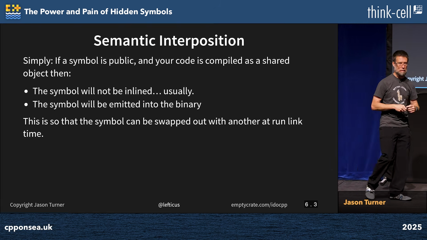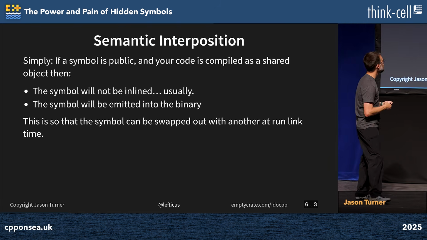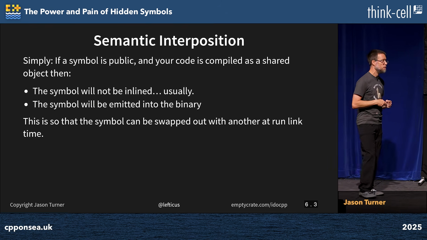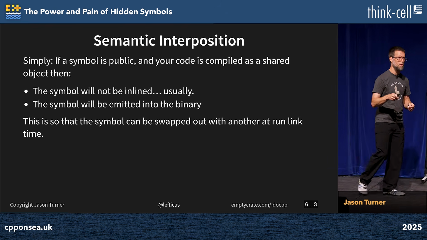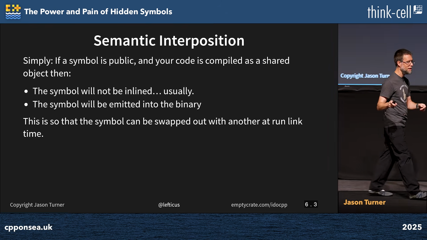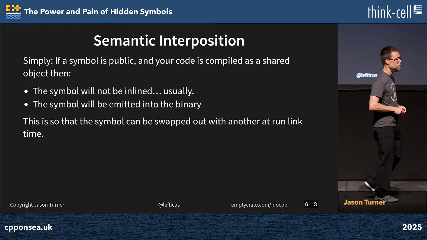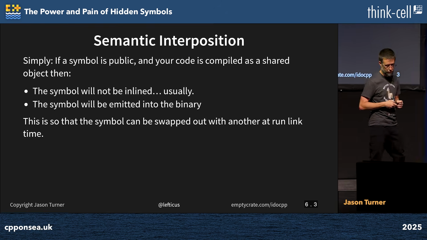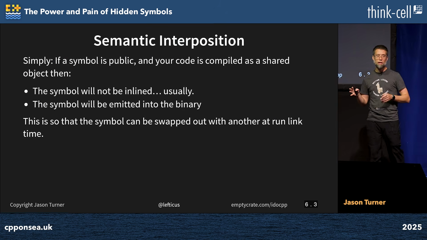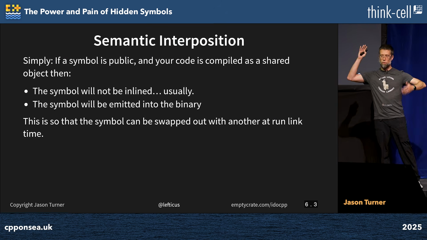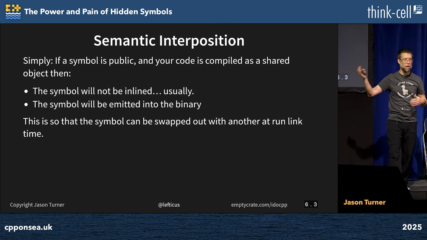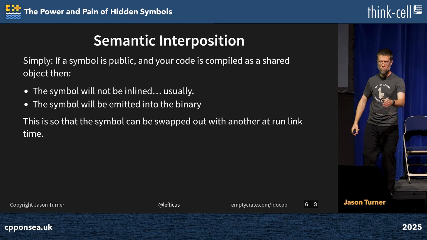Usually. The symbol will be emitted into the binary. It might get inlined depending on how fast and loose your compiler decides to play with these rules. The basic idea is that symbol can be swapped out with some other one with runtime linking. You might have a shim or whatever.